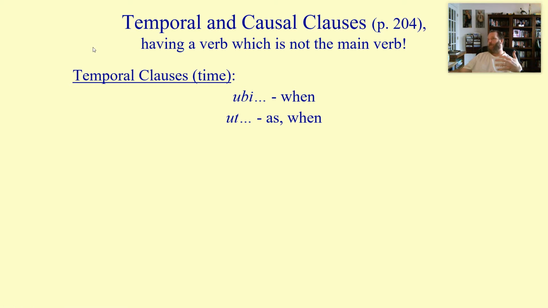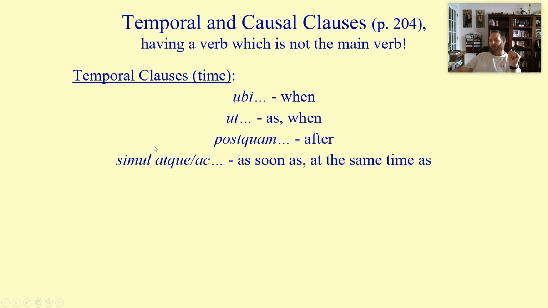So as I was walking along, etc., that could be a temporal clause that describes when. And then postquam, meaning after, is another example. We learned this recently. After something happened could be a temporal clause. And then we also have an idiom here, simul atque or simulac. These are both the same word. Ac is a shortened form of atque. So as soon as, or it could mean at the same time as.